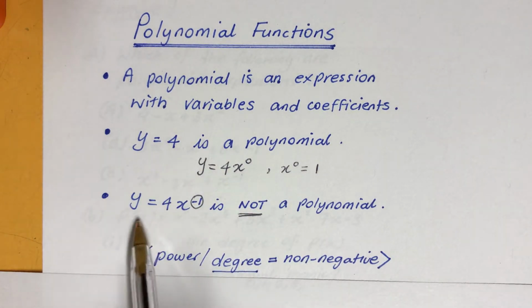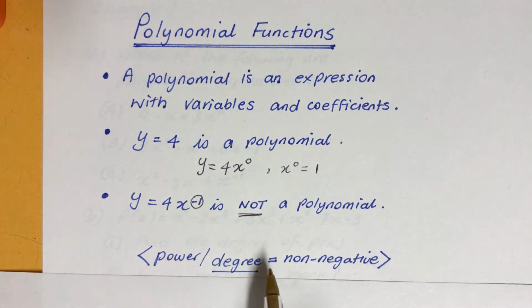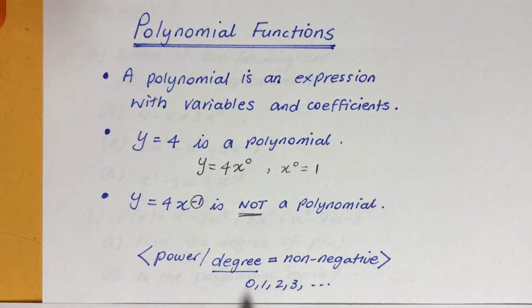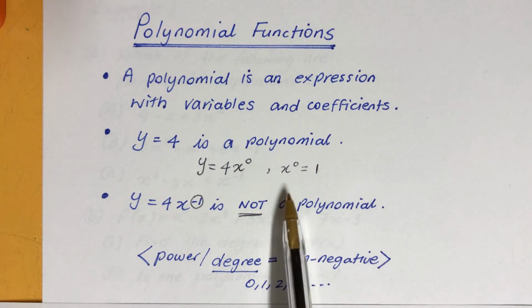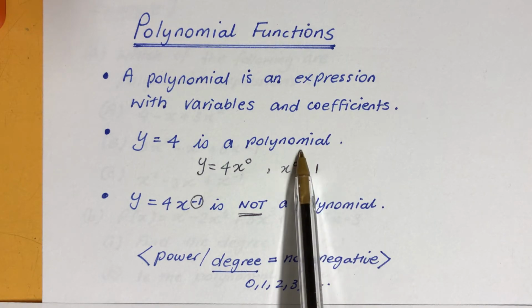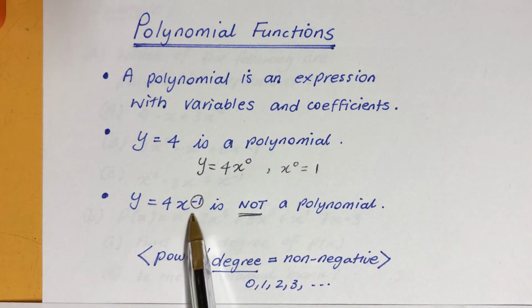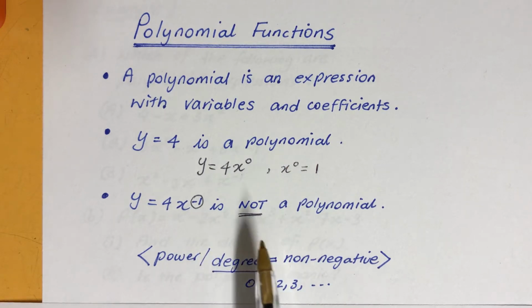Therefore, this cannot be a polynomial because the degree has to be non-negative. Non-negative meaning it can include 0, 1, 2, 3, and so on. So this one has a power of 0, therefore this is a polynomial, but this is negative, so it's not a polynomial.